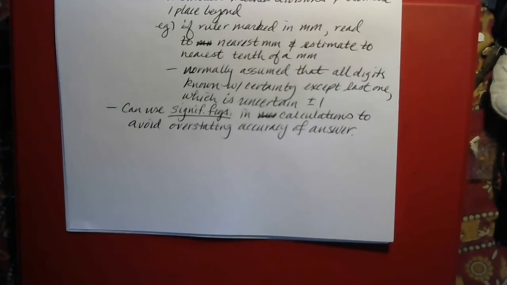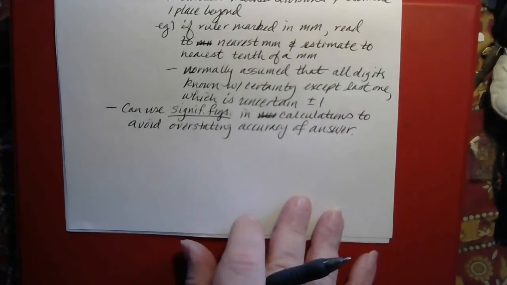If you've got a calculation that involves three numbers, and two of those numbers you know with really great accuracy, and the third number you don't know very accurately, and you multiply those numbers together, well, the result is going to be something that you don't know very accurately because one of the numbers that went into it wasn't known very accurately.